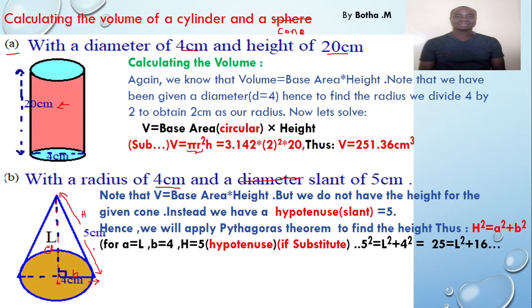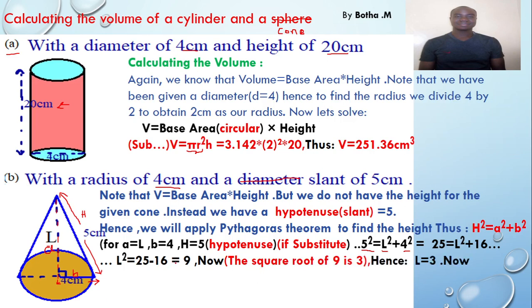So if we substitute, the hypotenuse by 5, L is the height we are looking for, and 4 as the base, we get L squared equal to 25 minus 16, which gives us 9.